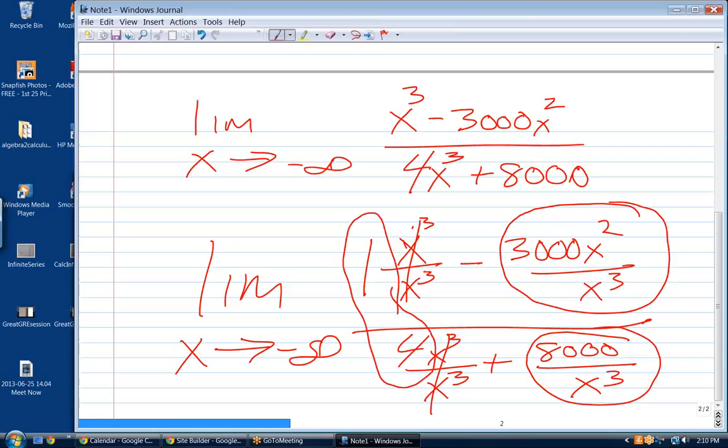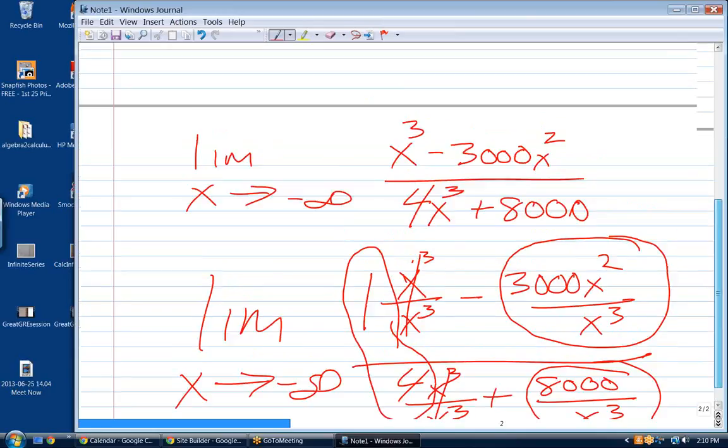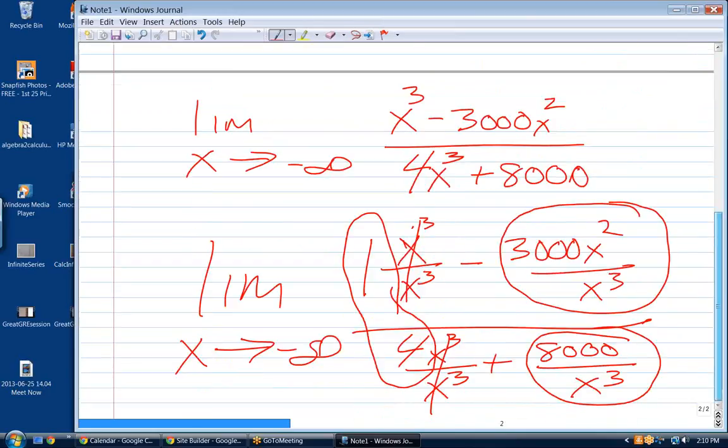Okay, that makes sense. It's the same logic that I could have used in the previous problem, where instead of just taking the ratio of those coefficients, I could have divided every term by x squared. In the previous problem, the largest term was x squared. If you do that, you always get down to a situation where these terms have some power of x in the denominator, which means as x goes to either positive or negative infinity, this term goes to 0.